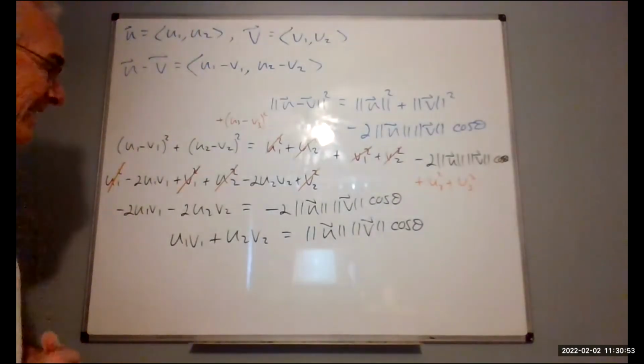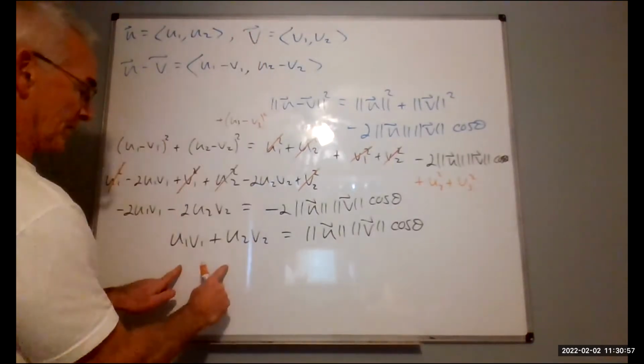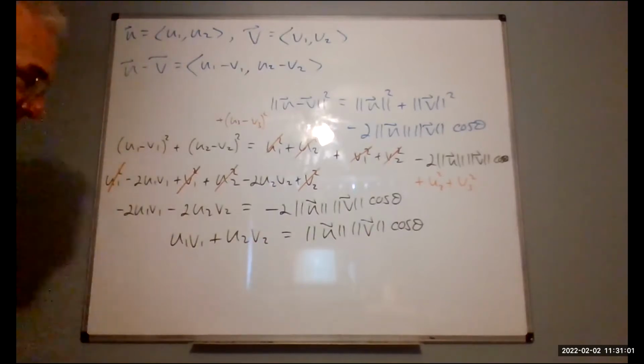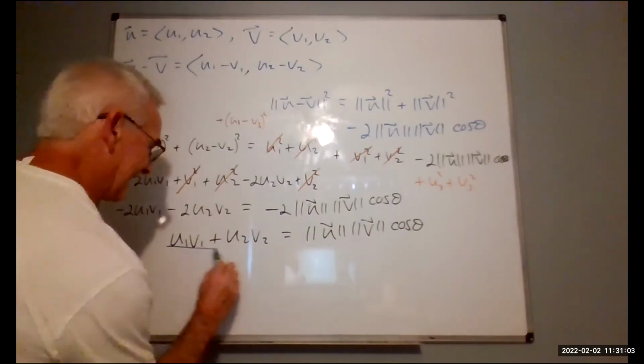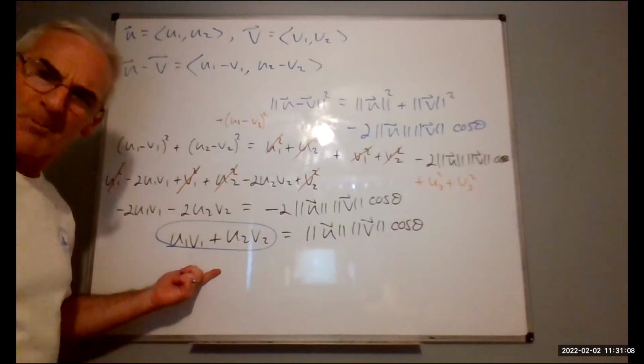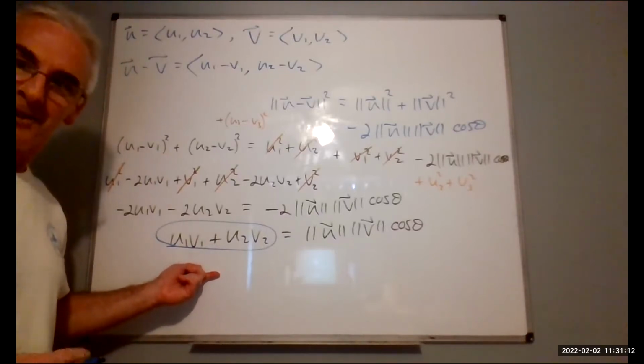Keep yourself muted. So what I'm pointing out is if these vectors were in R3, at this point of the game, all I'd have is an additional u3 v3 term. But why is that so important? Because what is this exactly? This is dot product. This is exactly the definition of dot product.